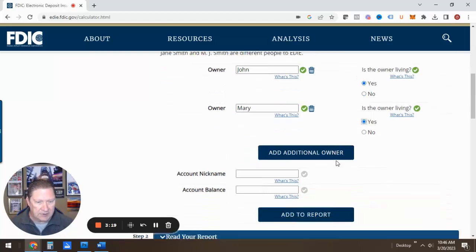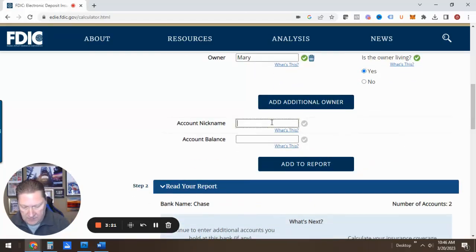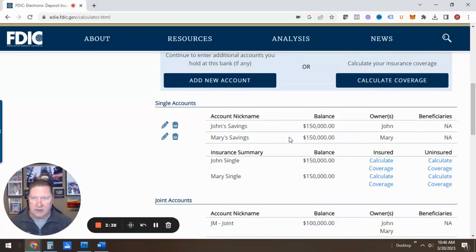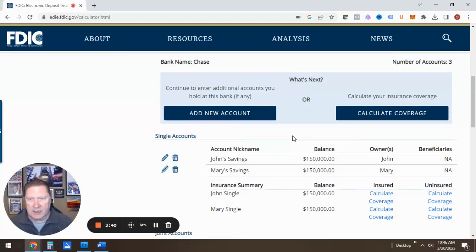Yes, they're both living. John and Mary joint account. And let's put $100,000 into that account. Add to report. And these are just general balances, folks. I'm just trying to show you here whether you have less or more than this. You're on this page if you've got more than the FDIC and you're asking what your limits are.